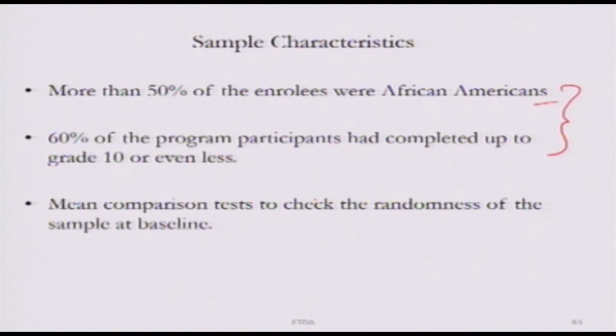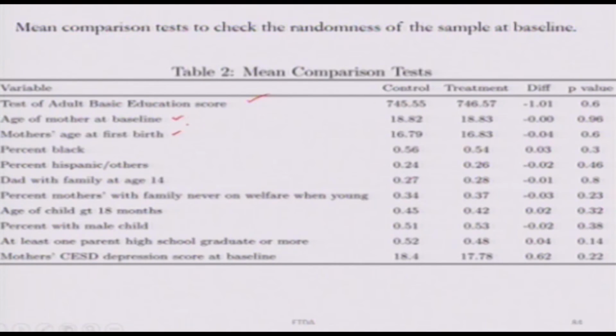Mean comparison tests. So what you need to do first is to see whether the experiment was indeed random. So what you want to do is to compare means across various variables between the treatment and the control groups. And this is what the table does over here. It takes a range of variables: test of adult basic education score, age of mothers at baseline, mother's age at first birth.